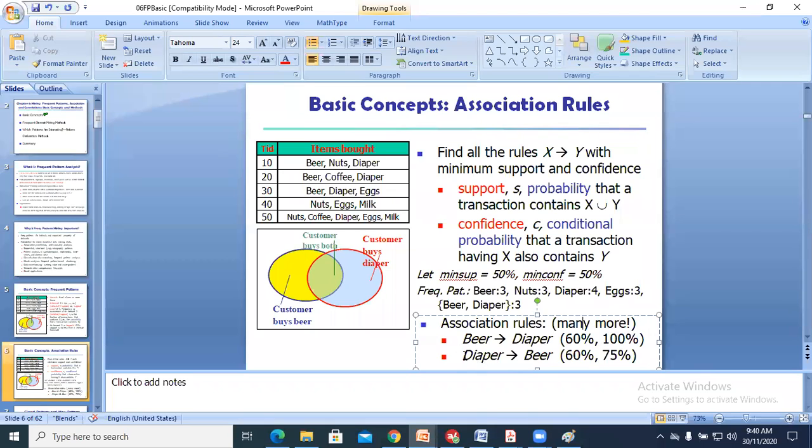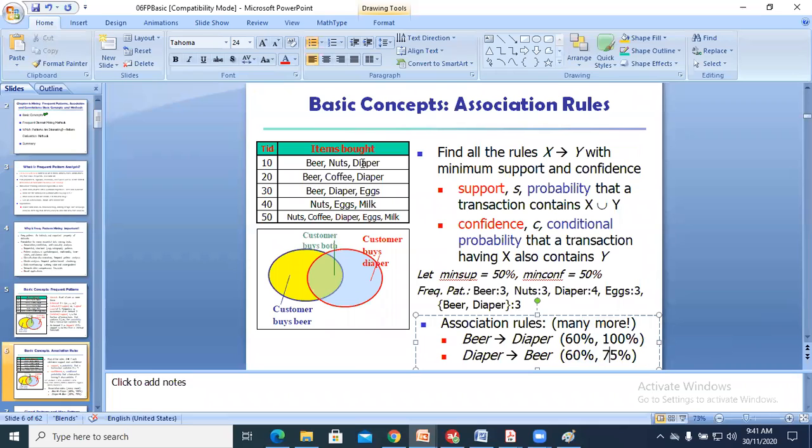But if the association rule is followed, that a person who buys a diaper will buy a beer or not, for this we have to check it again. For beer and diaper, or diaper and beer, whatever the combination is, it is purchased 3 times together. So the support is still 60%. But how do we calculate the confidence?